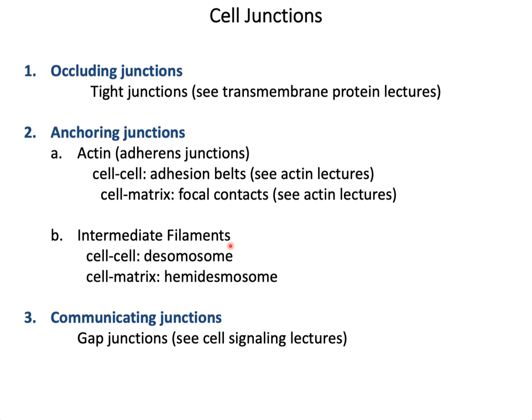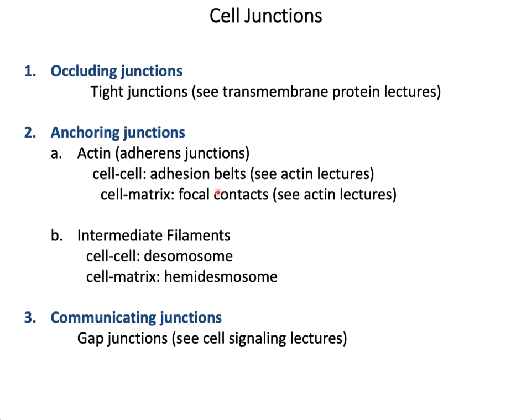So one type of junction is known as the occluding junction. And an example of an occluding junction is a tight junction. We looked at tight junctions when we were studying transmembrane proteins and transport across membranes. The second major type of junction is known as the anchoring junction.